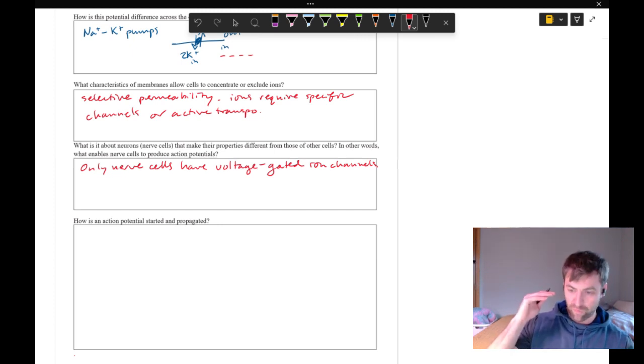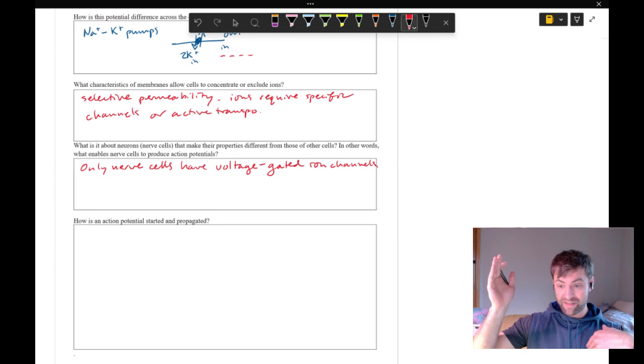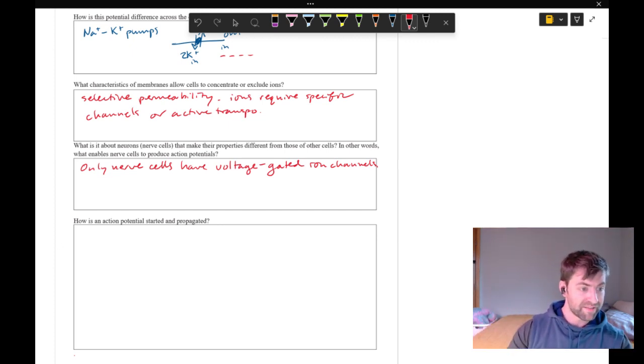Voltage gated just means that when it hits a specific voltage or potential difference, the gates snap open. As they reach whatever peak depolarization, they close. That's all that means.